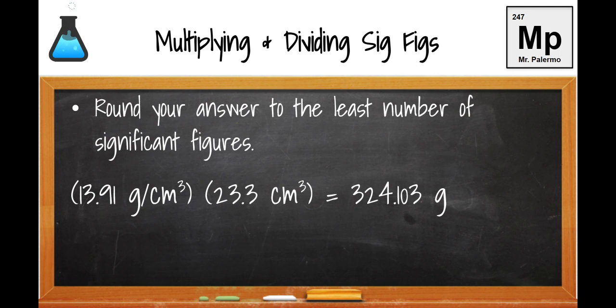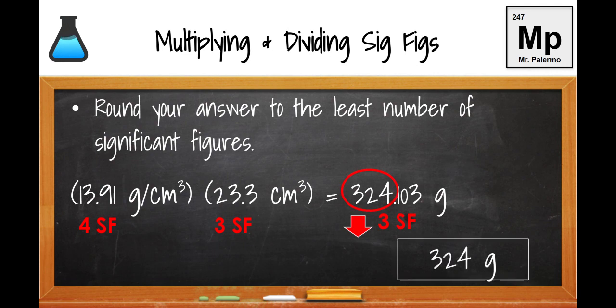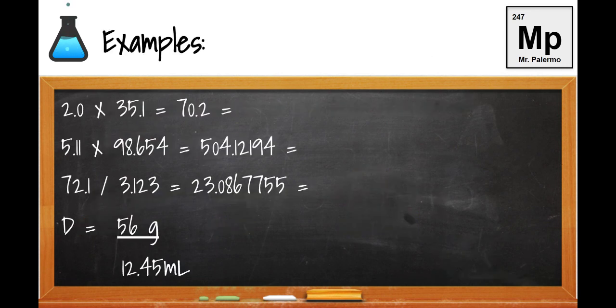I'm no longer concerned with the decimal places, I'm concerned with the number of significant figures. My lowest is 3 sig figs, which means my answer has to be rounded to 3 sig figs. In that case, I'm going to round it to 324, even though my calculator spit out other numbers.